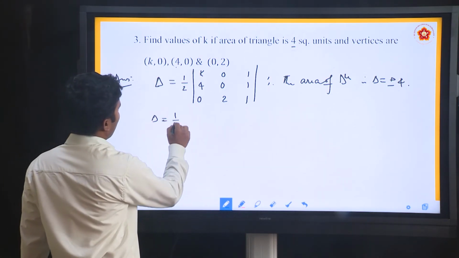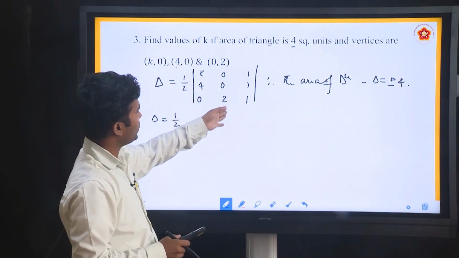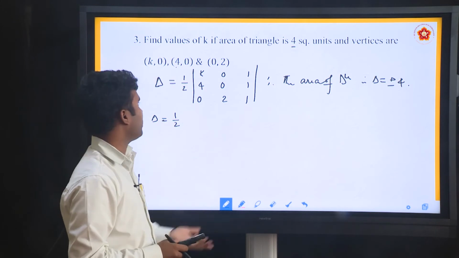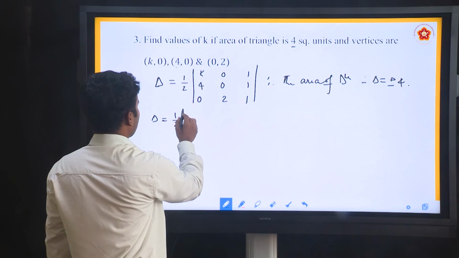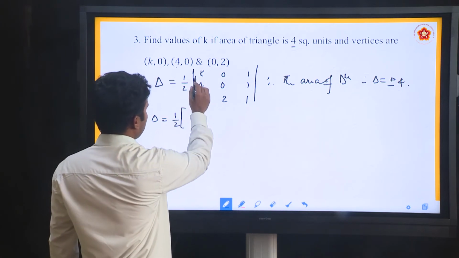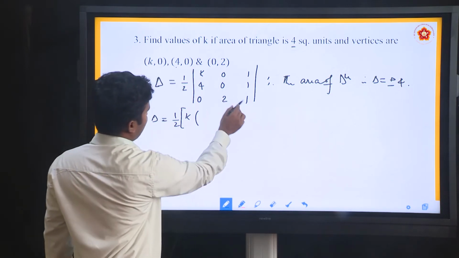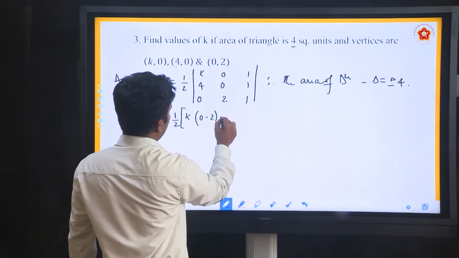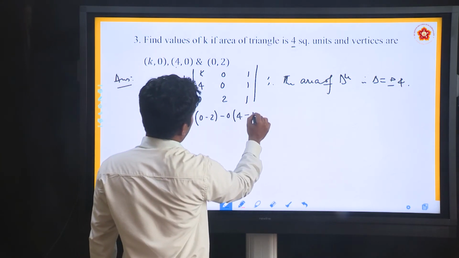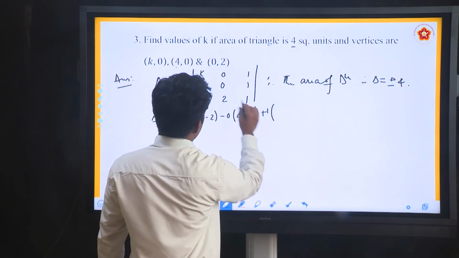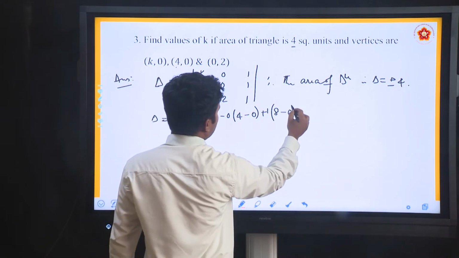Delta is equal to half into the determinant. Here you can easily expand it. If you expand through C2, it is easier to find the determinant value. Otherwise, as usual, you can expand through R1. The signs are plus, minus, plus. k times 0 into 1 is 0 minus 2, minus 0 times 4 into 1 is 4, plus 1 into 4 into 2 is 8 minus 0 into 0 is 0.